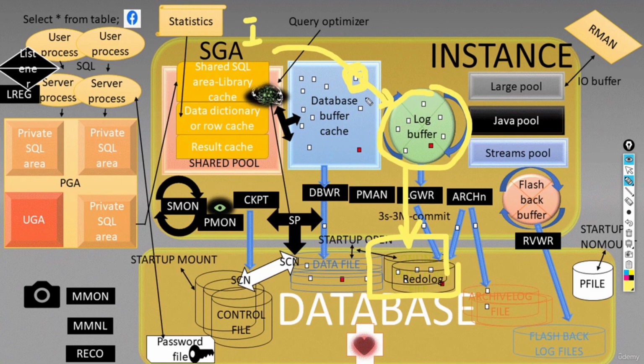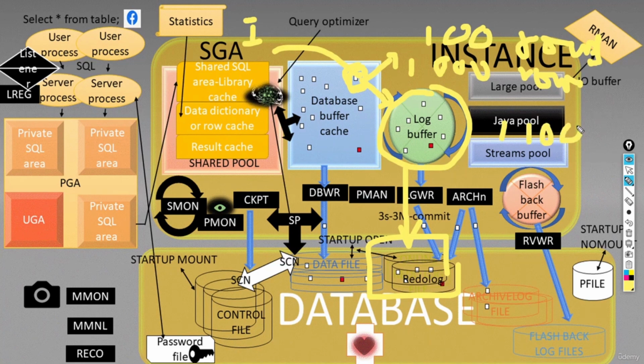Say for example, if this particular data block contains 100 rows, just assume it. If I insert 1000 rows in this particular data block, the number of rows will become 1100 rows, right? So all those changed records, all those 1000 records which were recently modified, will be immediately saved in the log buffer.